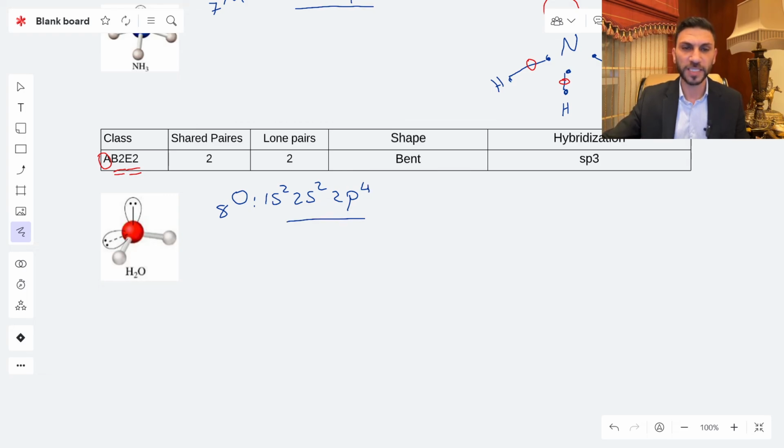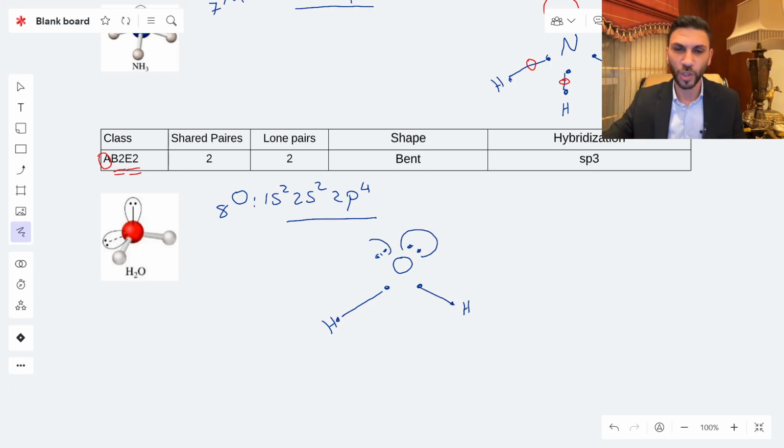That is, the valence electrons are 6 valence electrons, I mean. So oxygen has 1, 2, 3, 4, 5, and 6. Two of those electrons are bonded to the hydrogens, 1 and 1, leaving those pairs as lone pairs.